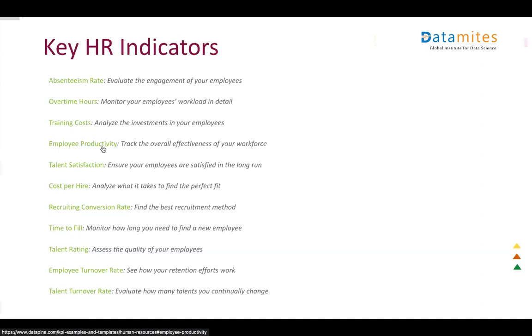Apart from that, they focus on talent satisfaction, cost per hire, recruiting conversion rate, that is how many of the interviews conducted in the organization were converted, time to fill, when you want to find a new employee, talent rating, employee turnover rate, and talent turnover rate. These are the major indicators on which HR people focus.